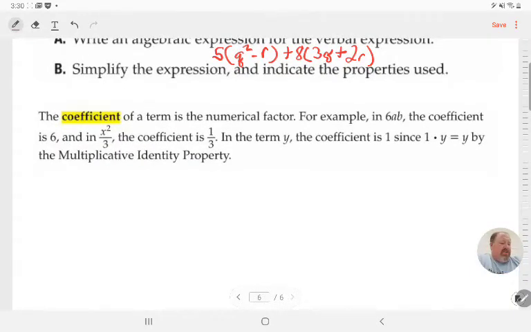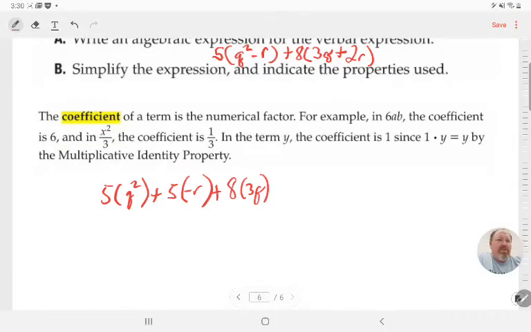So the first thing I would do is the distributive property. So I would go 5 times q squared plus 5 times negative r plus 8 times 3q plus 8 times 2r.